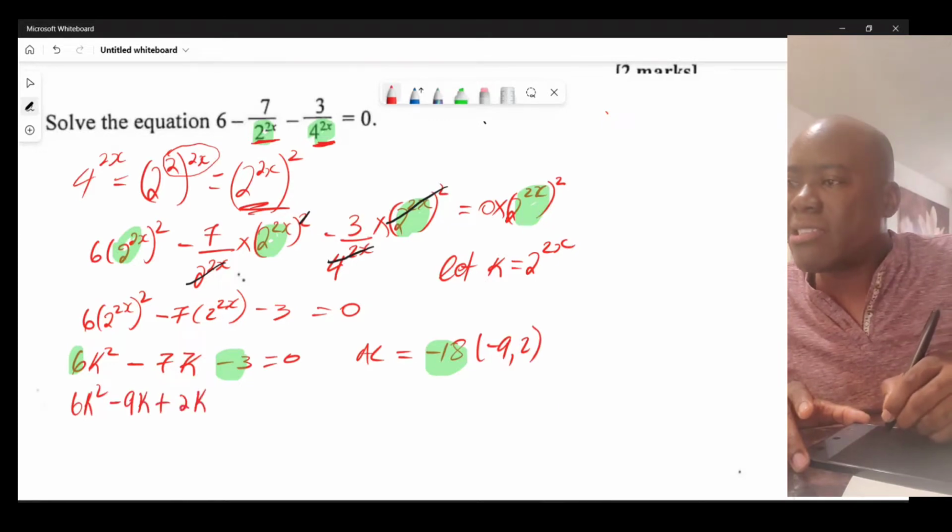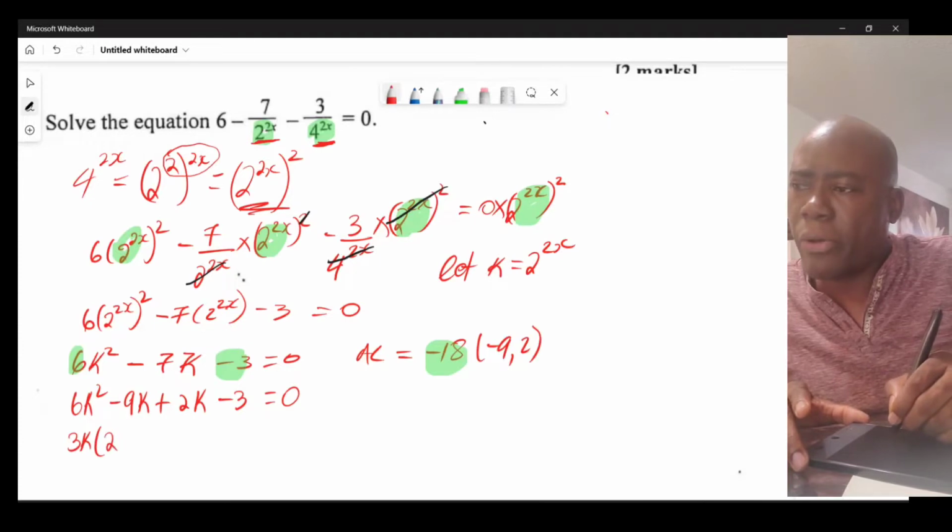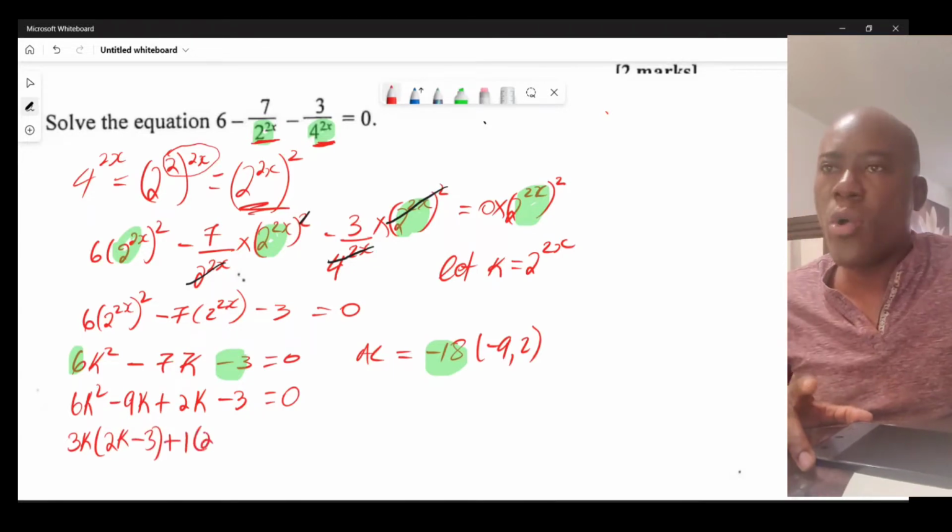Now let's pull out our 3k. 3k into this will give me 2k, and then this will give me a 3. Then I pull out my 1, so I get back my 2k minus 3, and this is equal to 0.